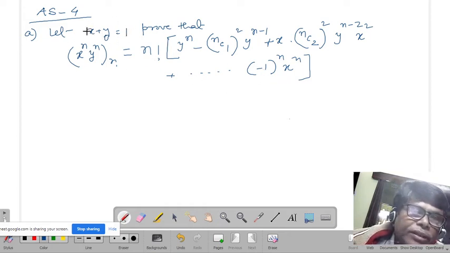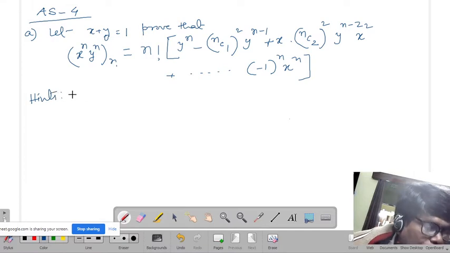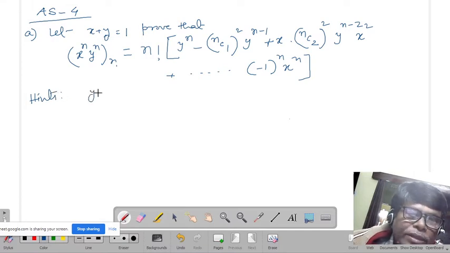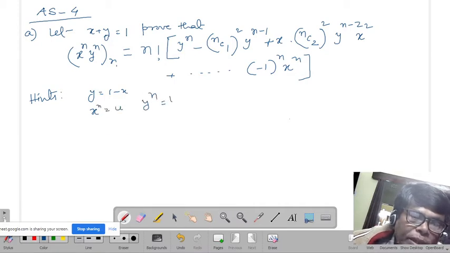This is given. I am giving you the hints. You start with y is equal to 1 minus x, and then x to the power n is equal to take u, and y to the power n is equal to take v, and then carry on.